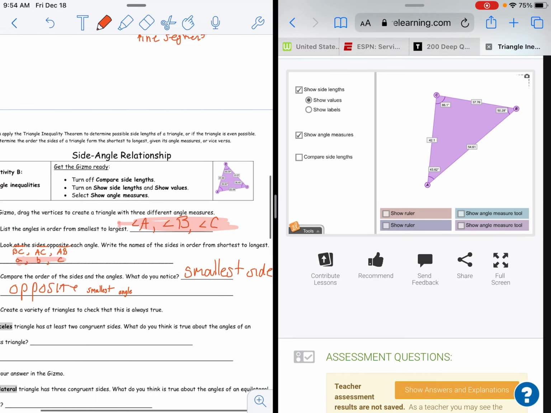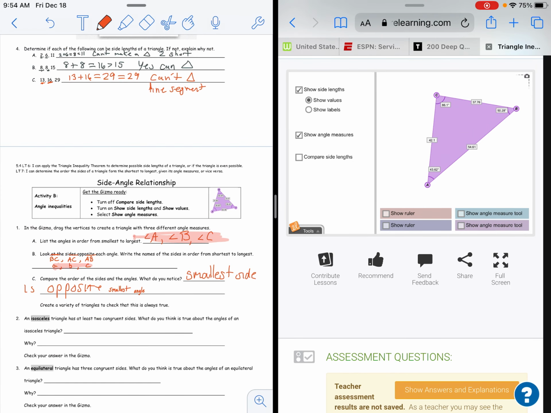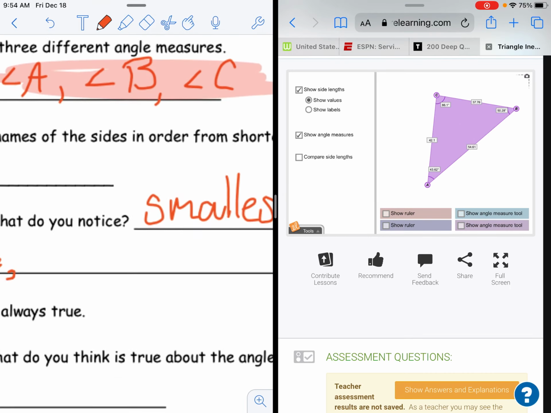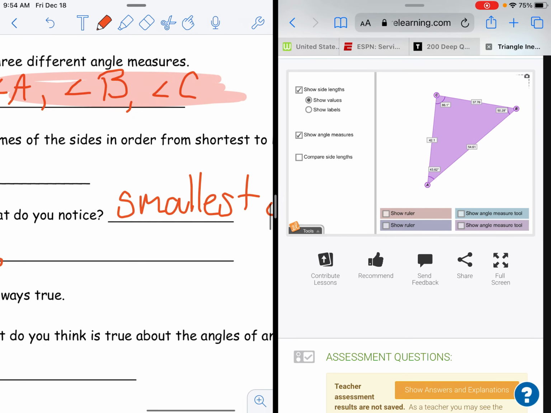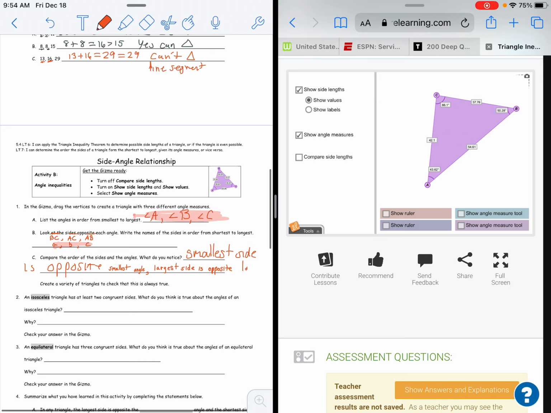So the smallest side is opposite the smallest angle, and then the mediums up all the way to the largest, so largest side is opposite largest angle.